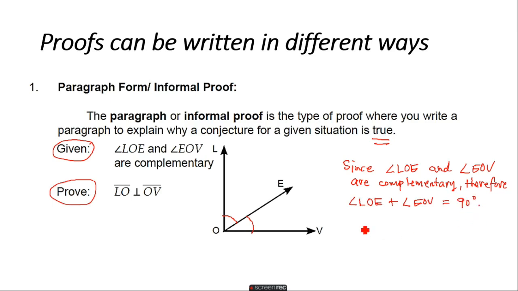Thus, line segment LO is perpendicular to line segment OV, because when we have perpendicular lines, they form right angles, which are equal to 90 degrees. So this is the first one, paragraph form.